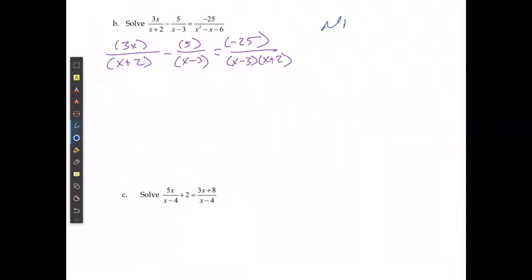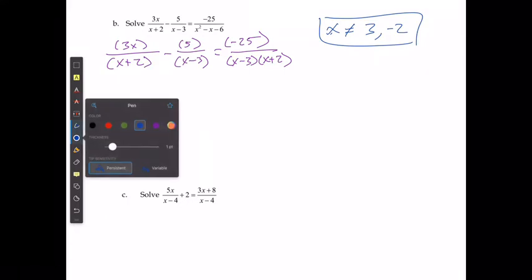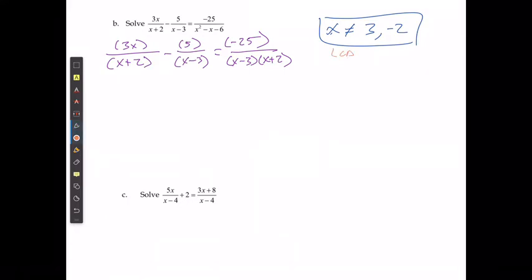My non-permissible values are going to be x cannot equal positive 3 or negative 2. My lowest common denominator is going to be x minus 3 and x plus 2.